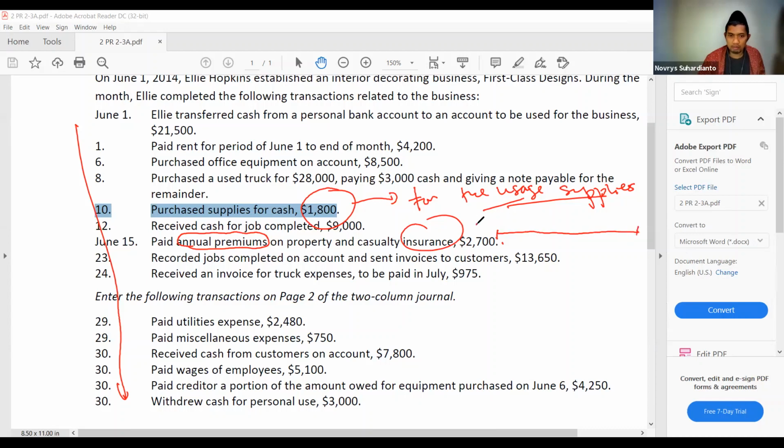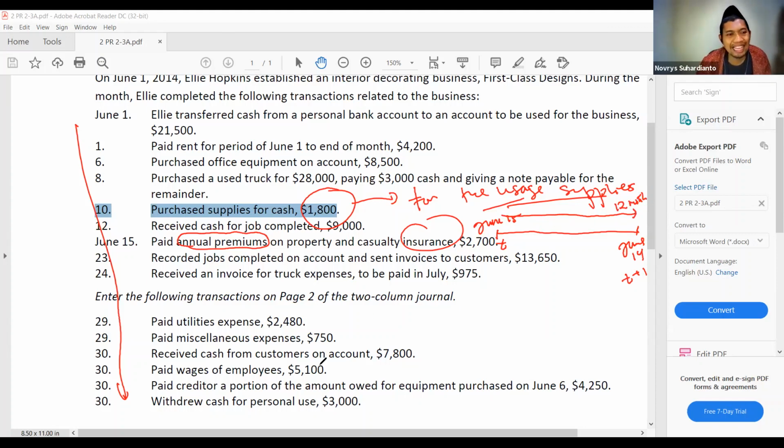So start from June 15, year T, suppose this is year T, until June 14, year T plus 1. So the protection goes this line, 12 months. Okay.